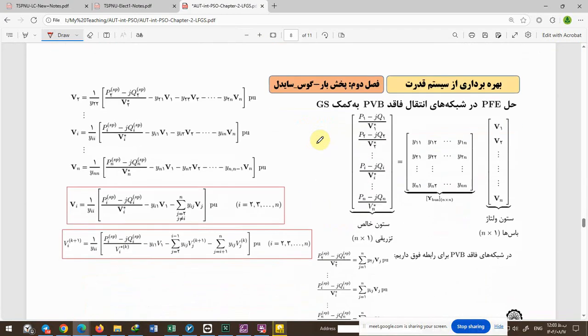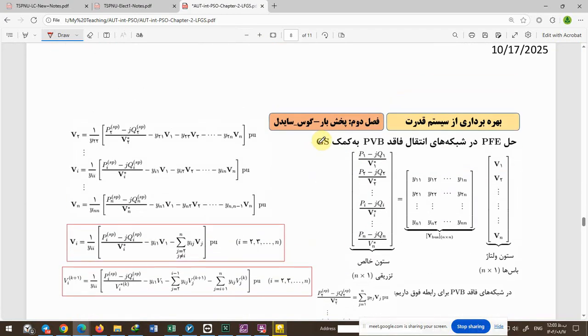Okay, so we try to solve the load flow equation with the Gauss cycle.